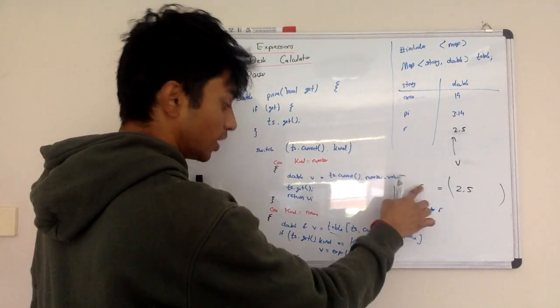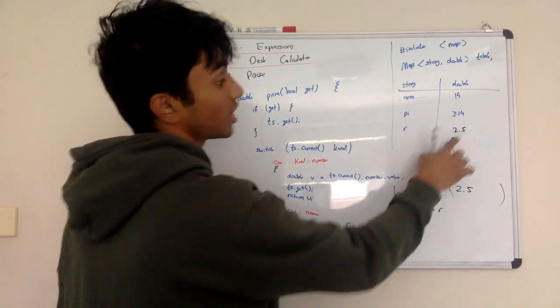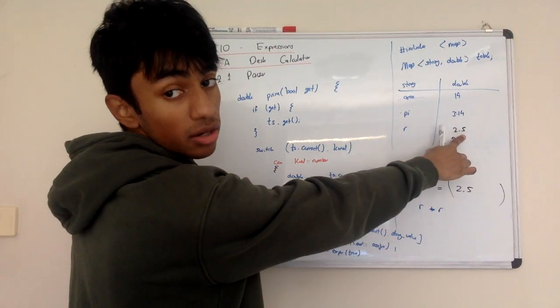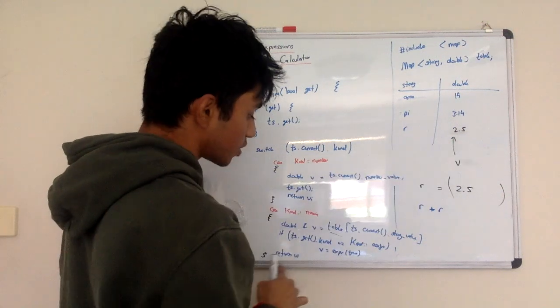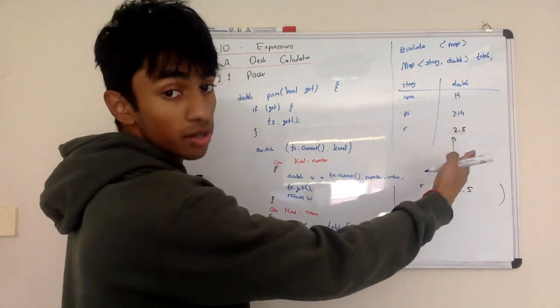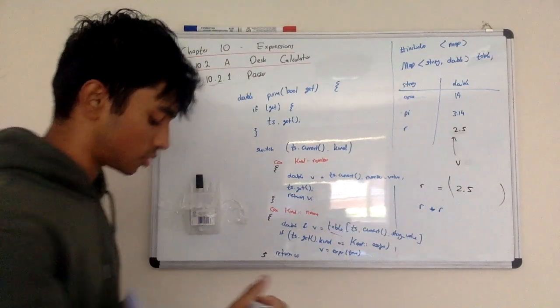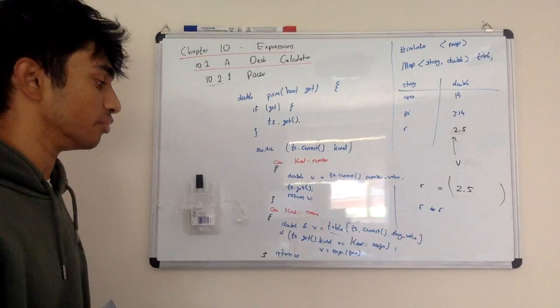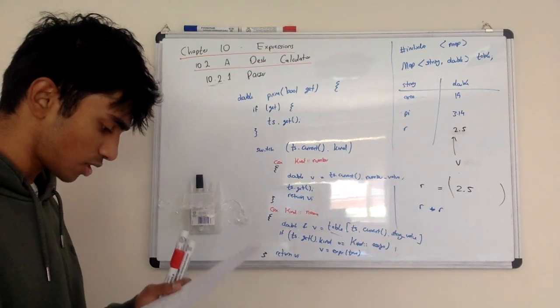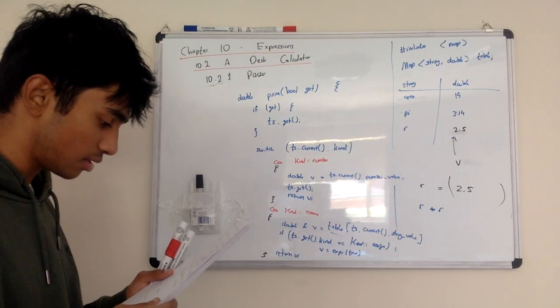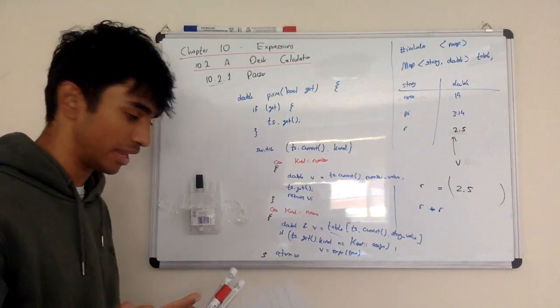But if it is an assignment, we have this extra step of actually setting the value of r inside our table. And then we return v. We return the value that v is referring to, sorry. Right? Which is what we want. We want to be able to return the value that v is referring to. Okay, so that's the number and the name case.